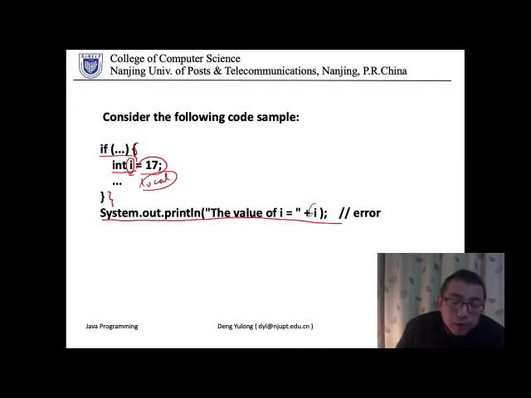Inside this statement, we use the variable i, but because we are outside the code block where we defined i, it's not allowed. It's outside the scope of the local variable, so if we use this statement, we will get an error. Okay, that's about scope.